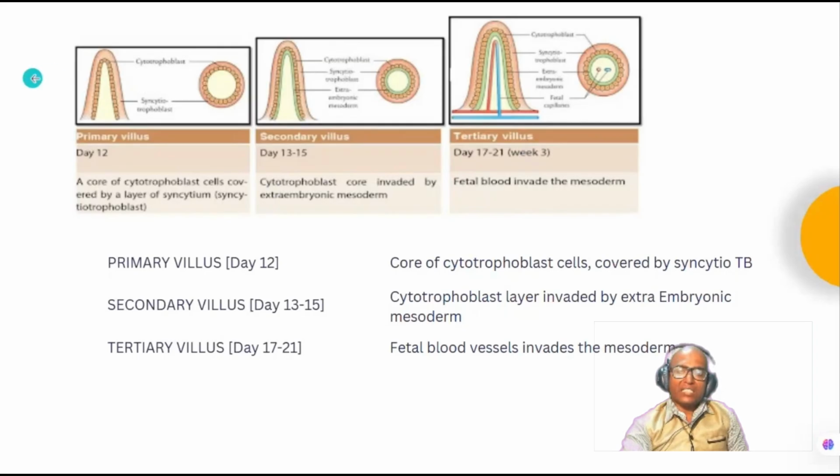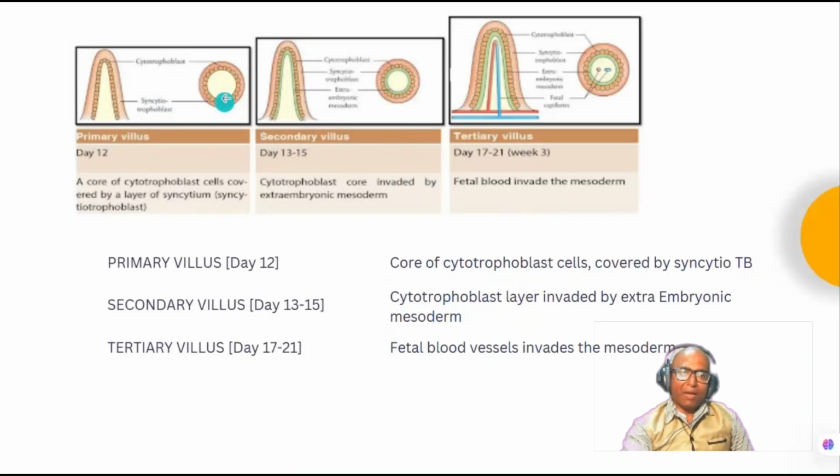They may ask about the development of primary villi, secondary villi, or tertiary villi. They may ask you the layers. The primary villi have cytotrophoblast inside and syncytiotrophoblast outside. They can give you syncytiotrophoblast inside and cytotrophoblast outside, or extraembryonic mesoderm outside, and they will give multiple combinations and ask you the histopathological structure of primary, secondary, and tertiary villi.